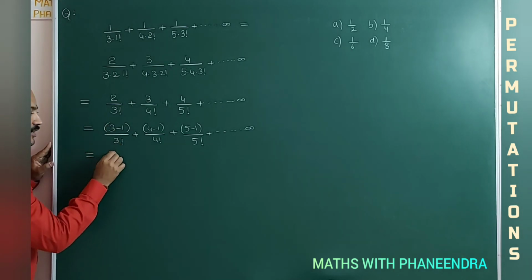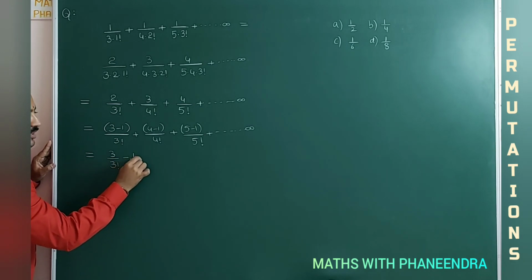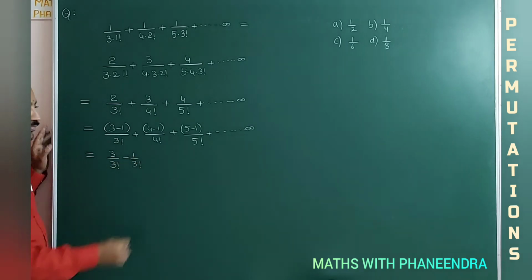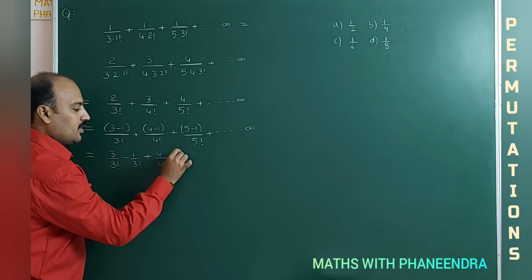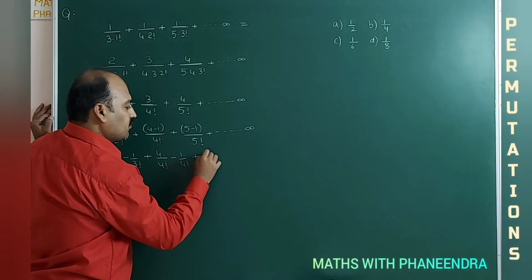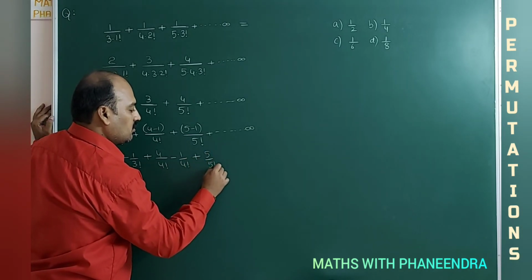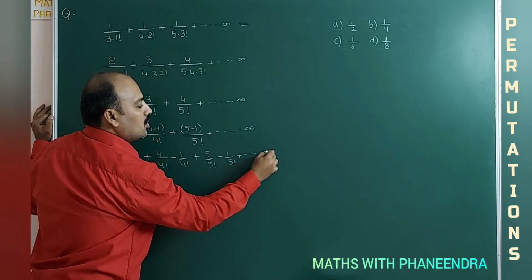So 3 by 3 factorial minus 1 by 3 factorial plus 4 by 4 factorial minus 1 by 4 factorial plus 5 by 5 factorial minus 1 by 5 factorial plus and so on to infinity.